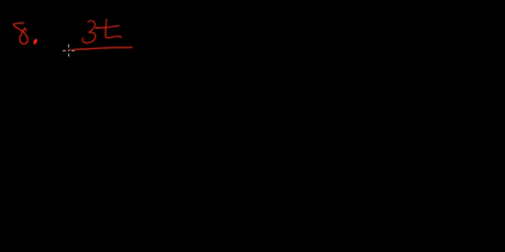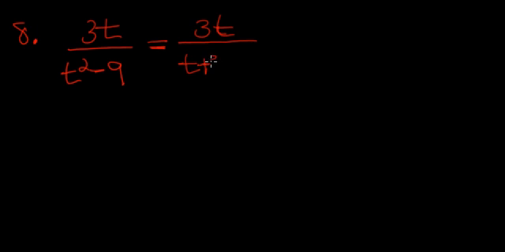3t over t squared minus 9. And here's the first denominator that I'm going to need to factor, and factor completely. So I will factor the downstairs first. Now, notice this is a difference of squares. You look back on your difference of squares, but we have t plus 3 and t minus 3.